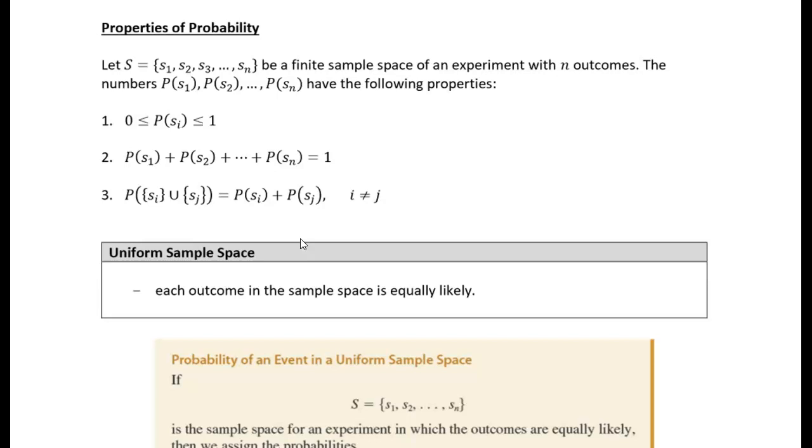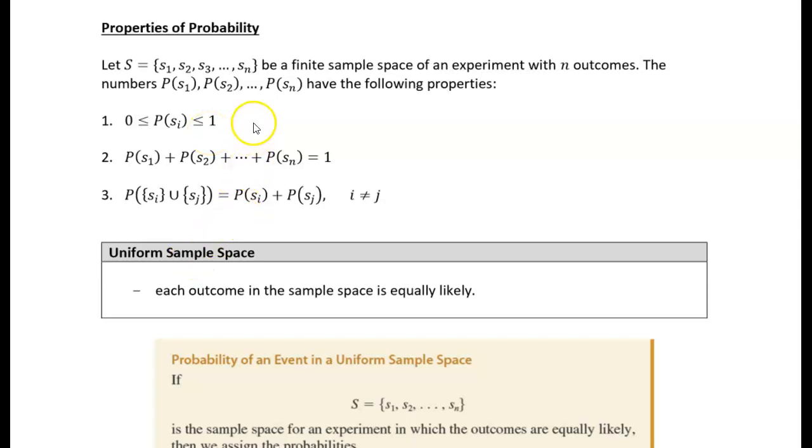If we have a sample space S, and those S1, S2, S3 are all of our simple events, kind of our general case, the probabilities of simple event 1, simple event 2, simple event 3 have these properties.